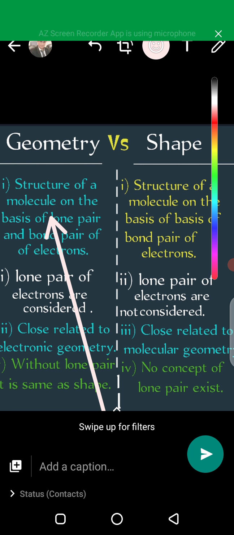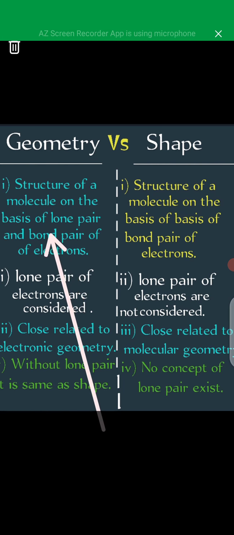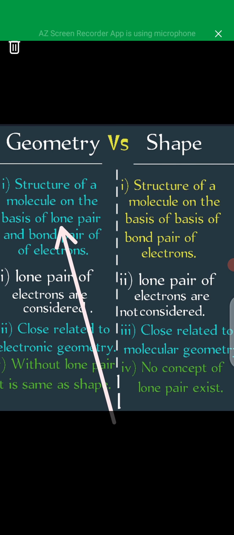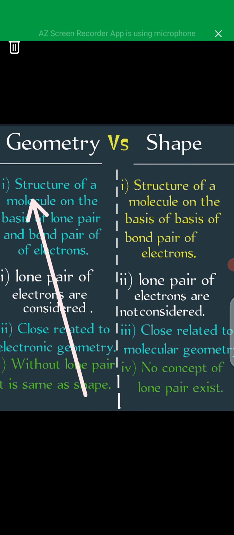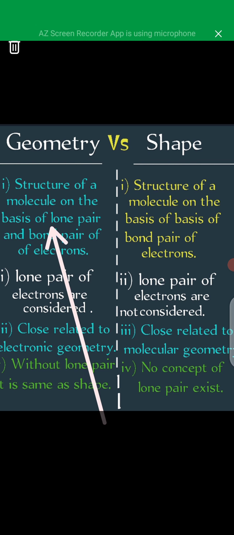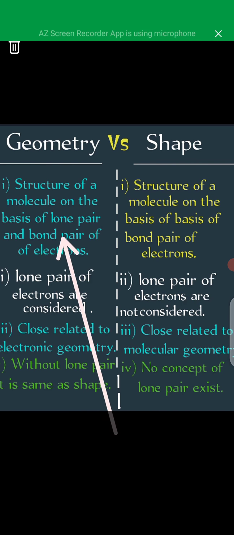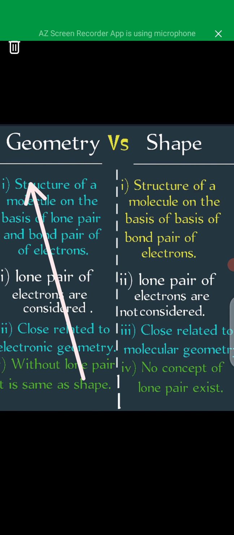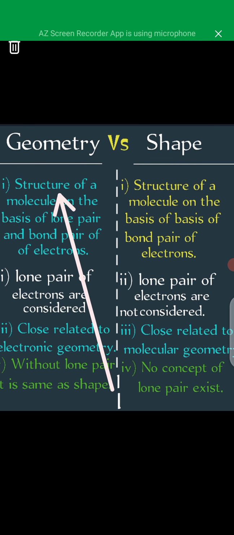It means that in case of geometry, we consider both lone pairs of electrons and bond pairs of electrons. When we draw an image of a molecule in consideration of lone pairs and bond pairs, that structure will be called the geometry of that particular molecule.